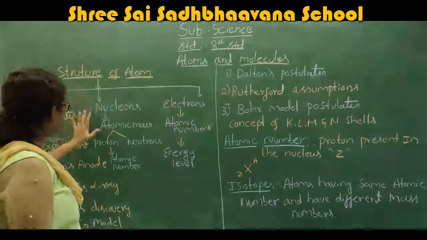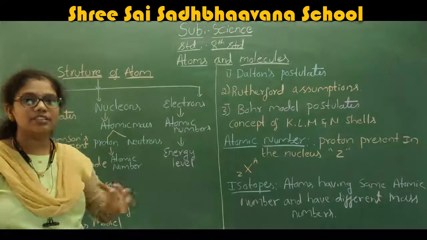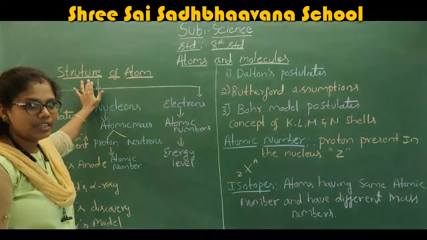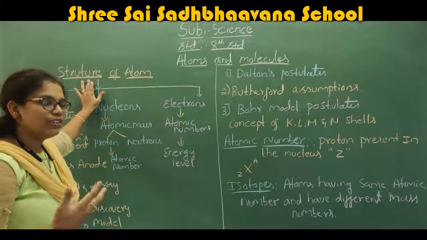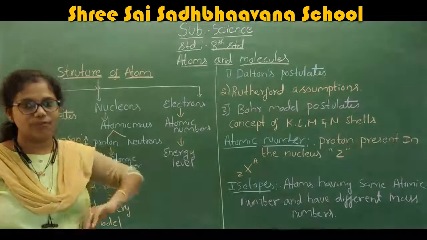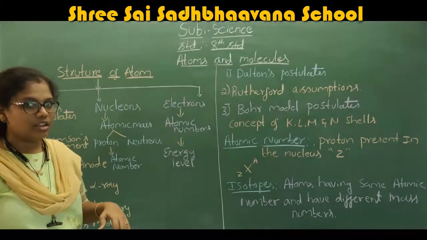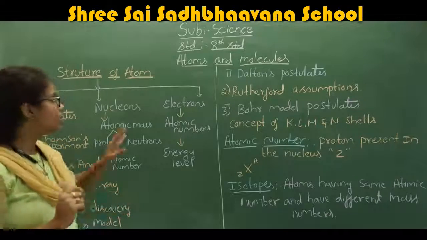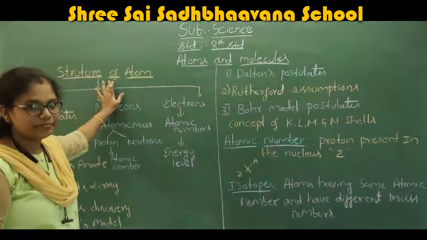After that, we will look at the scientists who gave their concepts to complete the concept of the atom. Some of the chemists gave different concepts. Some gave the concept of the proton, some gave the concept of the electron. All these concepts together give the complete structure of the atom.